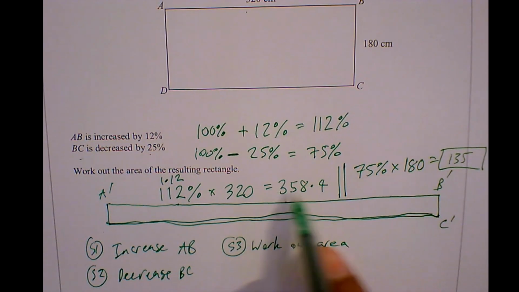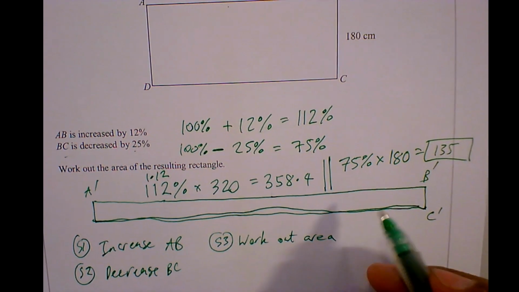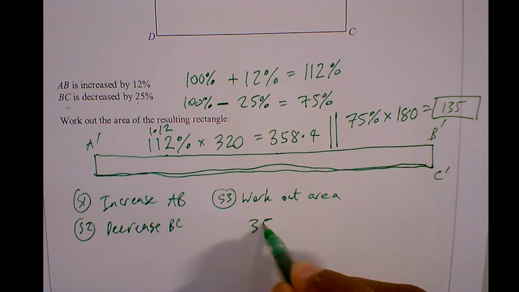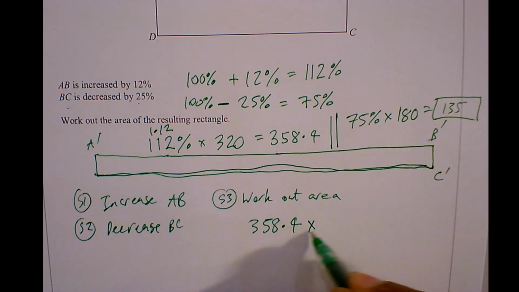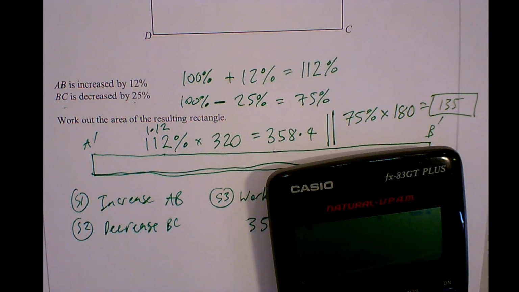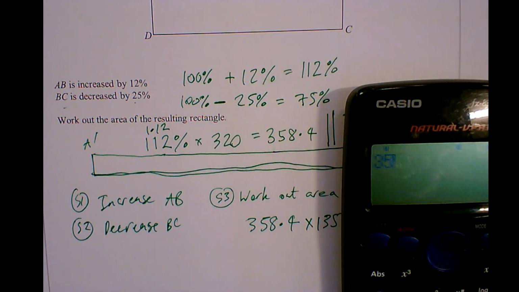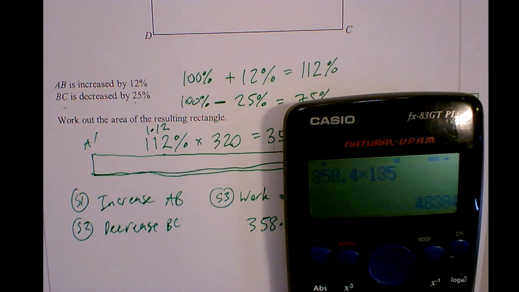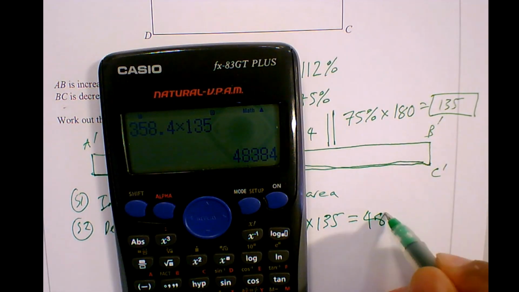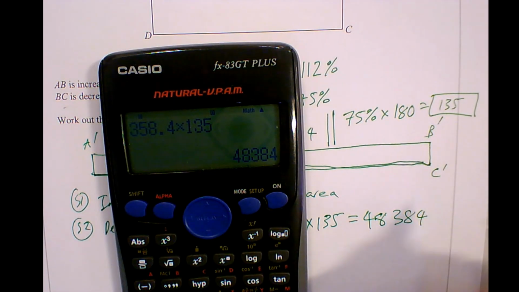To work out the area, I multiply these two together, so it's 358.4 times 135, which gives me 48384.